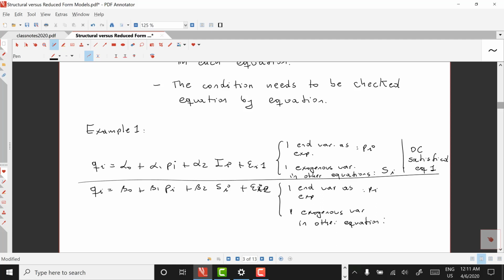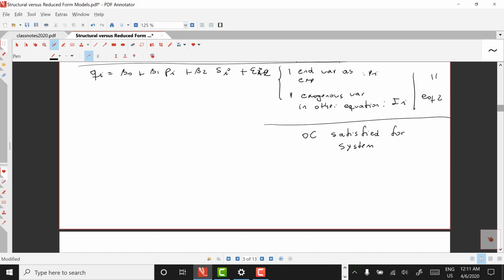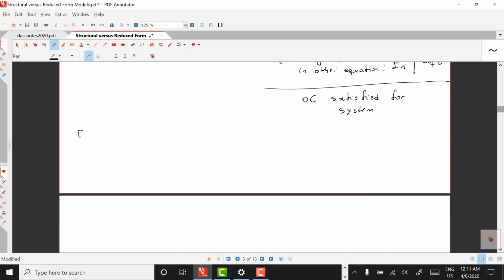Okay, and that should be Ii. And therefore the other condition is satisfied for equation 2. So if it's satisfied for both equations, then that means that the other condition is satisfied for the system.